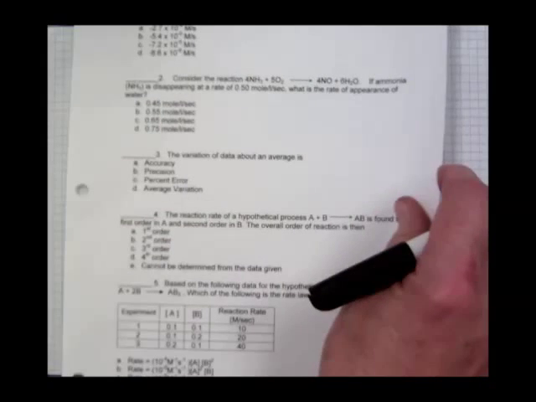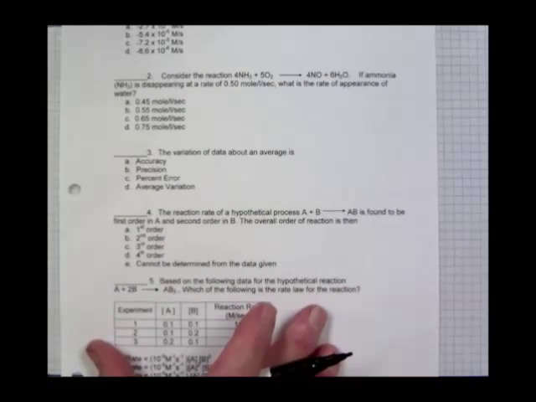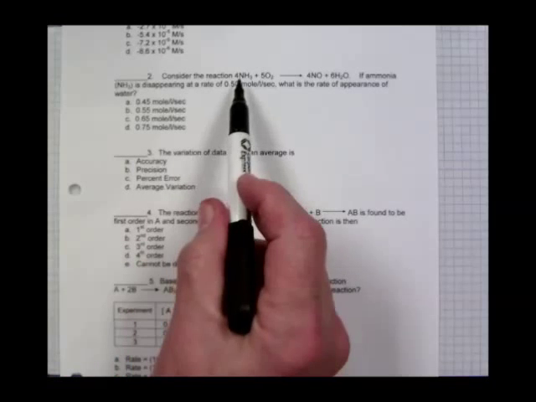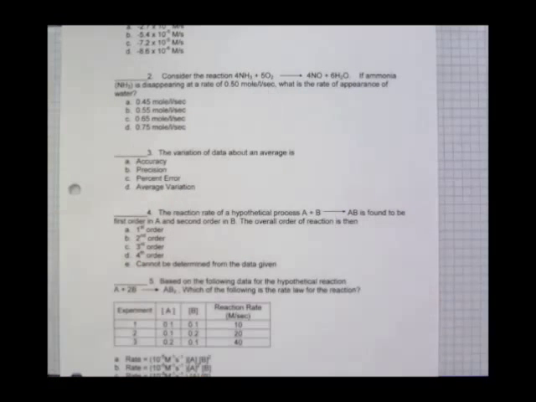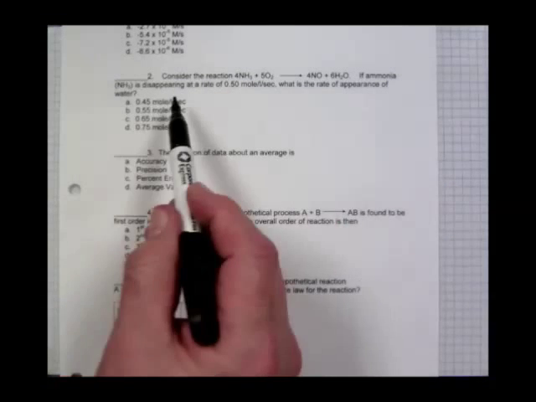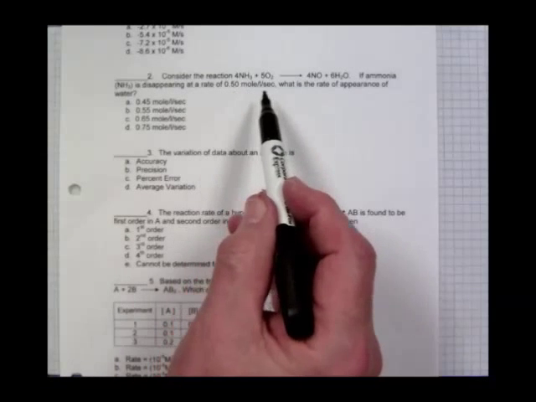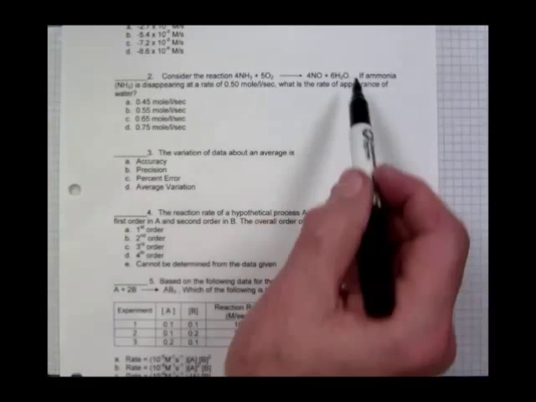Okay. For question number 2, consider this reaction given, oxidation of ammonia, if you will, forming nitrogen monoxide and water. If ammonia is disappearing at 0.5 mole per liter per second, what's the rate of appearance of water? Well, I think everybody can identify water, hopefully.